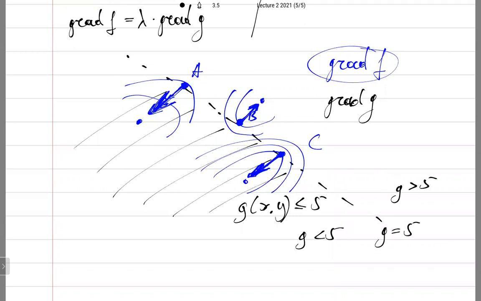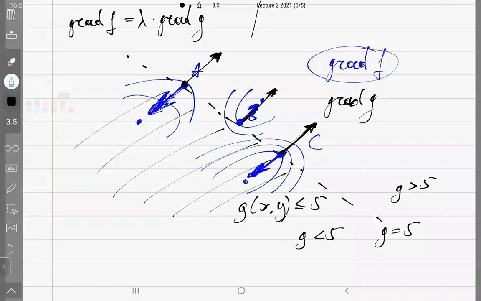Once again, the gradient shows you the direction in which the function grows. So in this case the gradient is there, the gradient is there. In that case, the gradient is there.